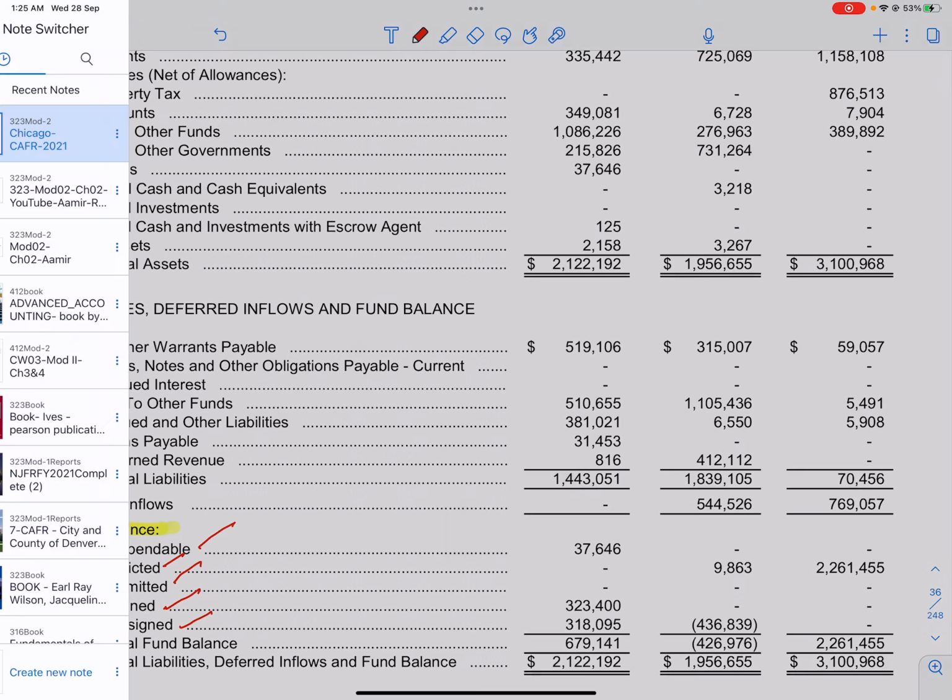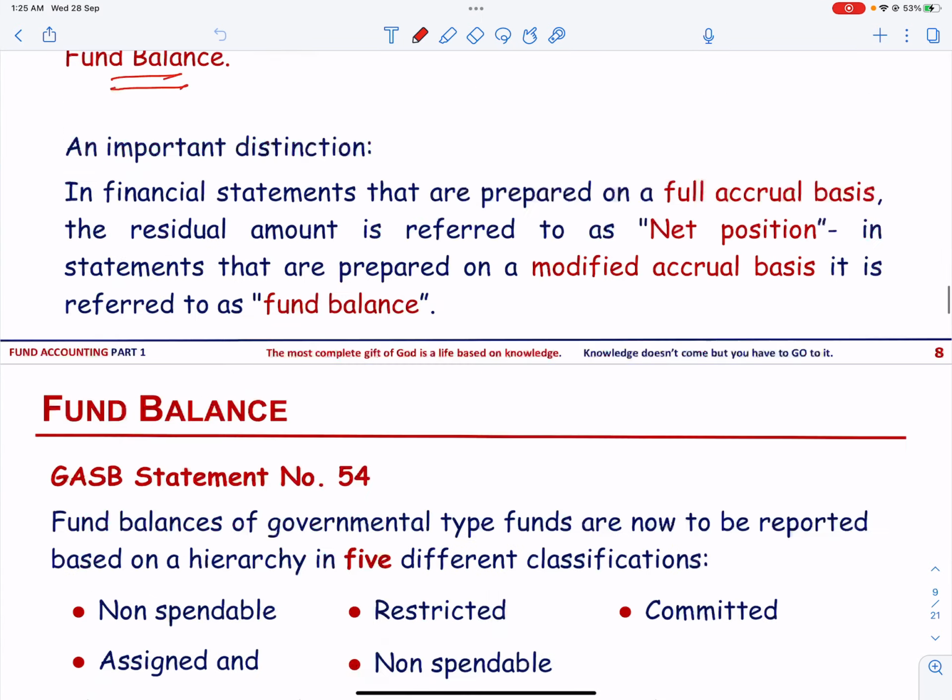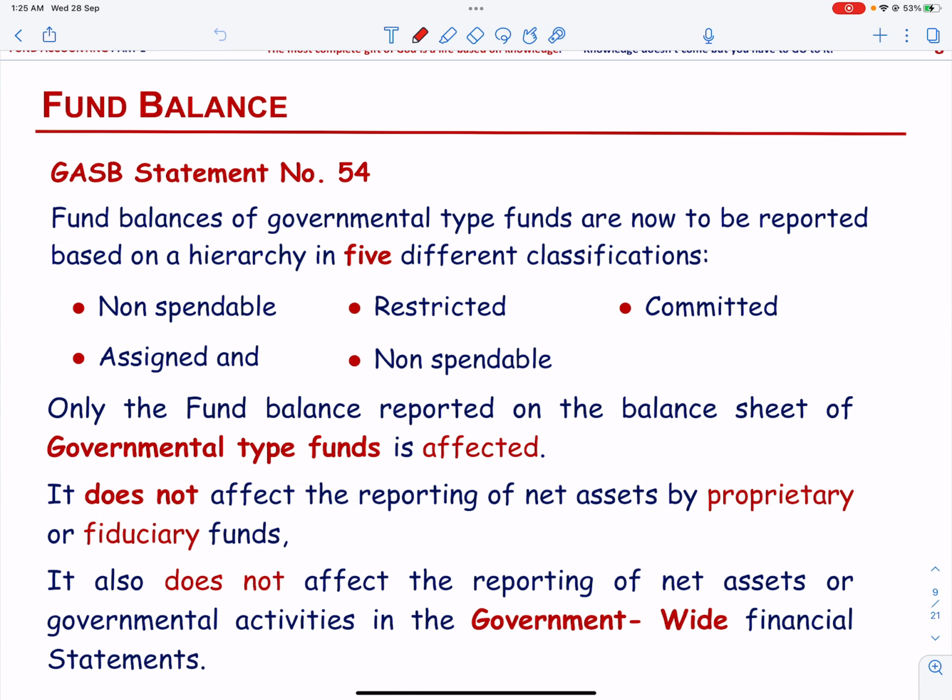GASB statement number 54 states that fund balances of governmental types are now to be reported on a hierarchy in 5 different classifications.